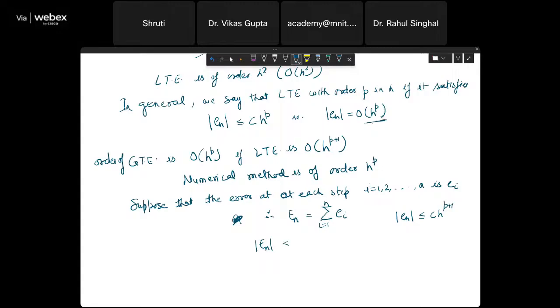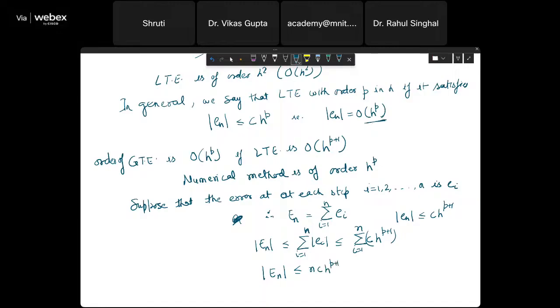So by using this we can write mod of E_n less than or equal to the summation of mod of E_i, i running from 1 to n, which is less than or equal to the summation for i from 1 to n of c h to the power p plus 1. This summation will just give the value n because this part is independent of i, and finally we get mod of E_n less than or equal to n c h to the power p plus 1.